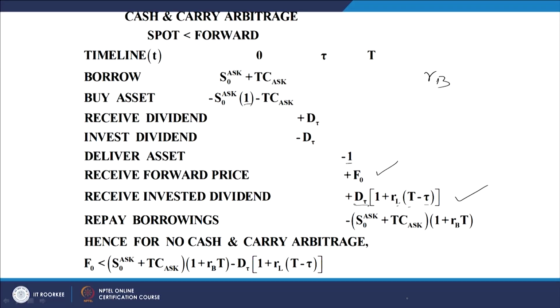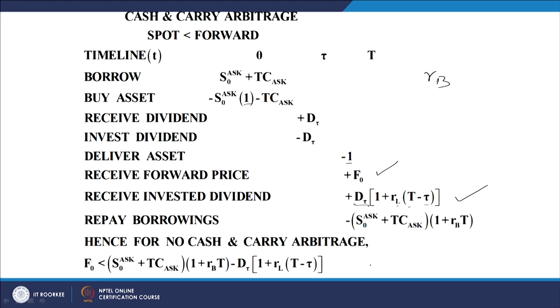You invest at the lending rate, you borrow at the borrowing rate. And how much you have to pay for the borrowing that you made at t equal to 0 for acquiring the asset, that is S ask plus the transaction cost in relation to the ask transaction, into 1 plus R b into T.